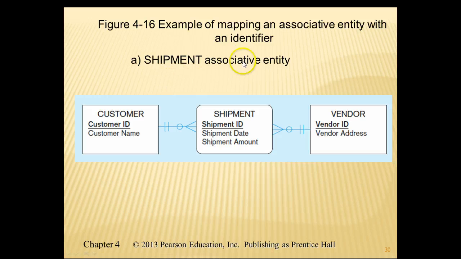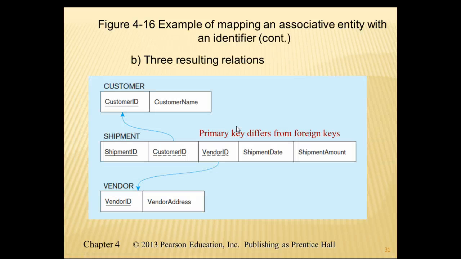Now this is compared to an associative entity with an identifier. In this case, we have customer and vendor as our two entities, and then the associative entity is shipment with a shipment ID as the identifier. So, let's take a look at that now. Notice that it still has the primary keys from our two relations associated in that new relation called shipment.